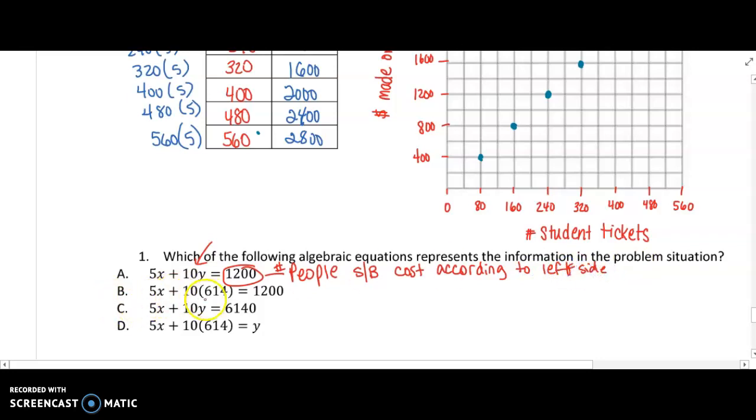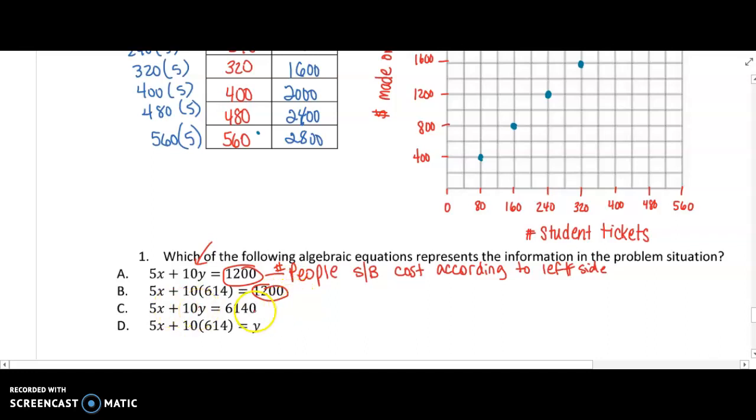All right. And then this one says, okay, they sold 614 adult tickets. And so again, they don't know how many they're going to sell of the student tickets, but this should be the total cost, the total amount they made. And that's not adding up, is it?